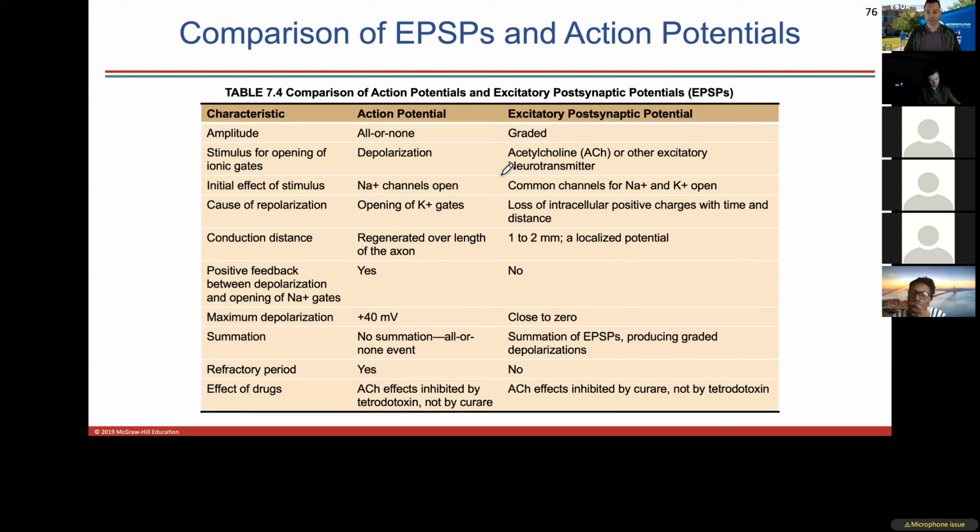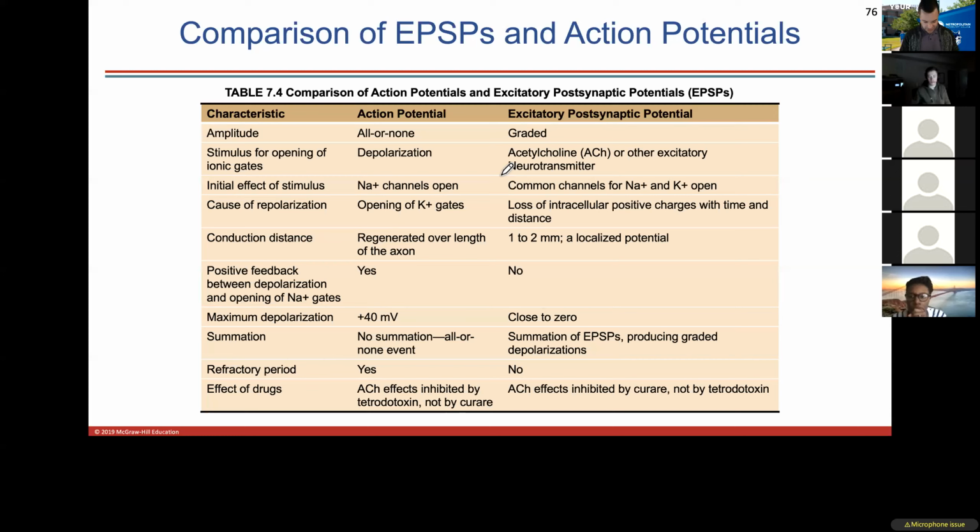For an action potential, we regenerate it at every node of Ranvier or at every single square inch of that unmyelinated nerve. I open up every doorway to allow this action potential to propagate down. Is it a positive feedback mechanism? Yes.